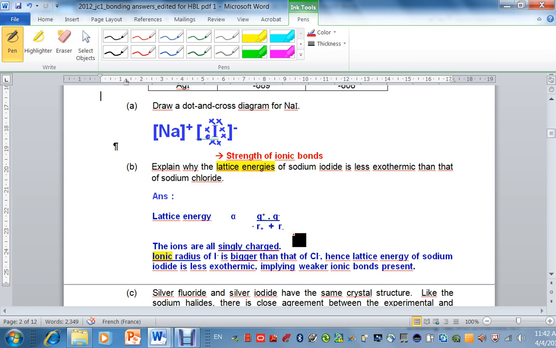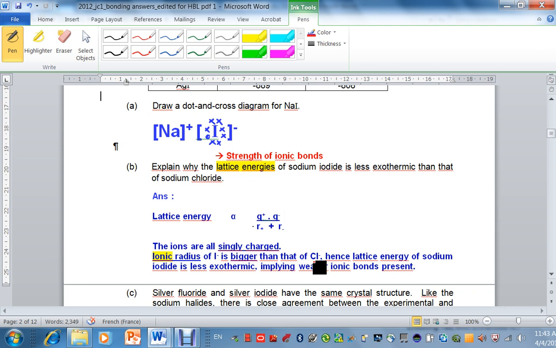To explain the difference between sodium iodide and sodium chloride, you have to look at the charge and size. The charge is the same for both compounds, but the iodide ion is larger than the chloride ion. That's why the ionic bonds of sodium iodide are weaker. The lattice energy is also smaller.